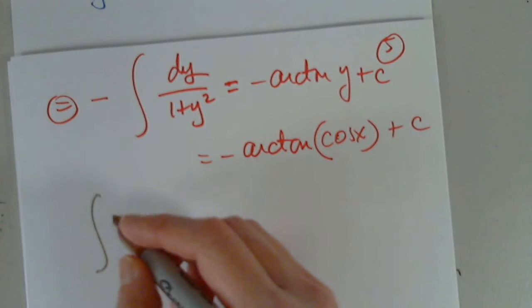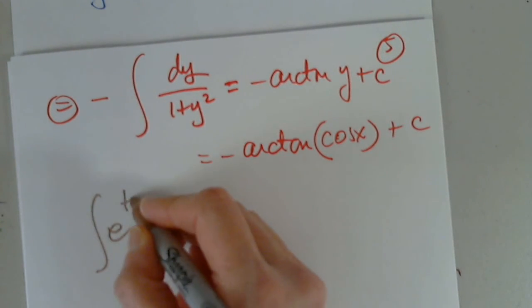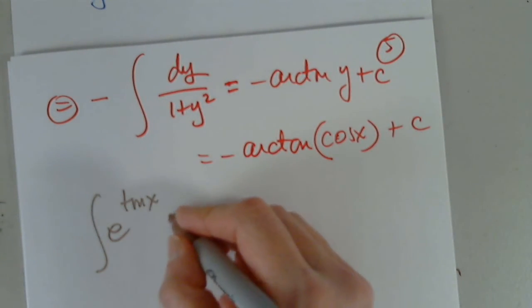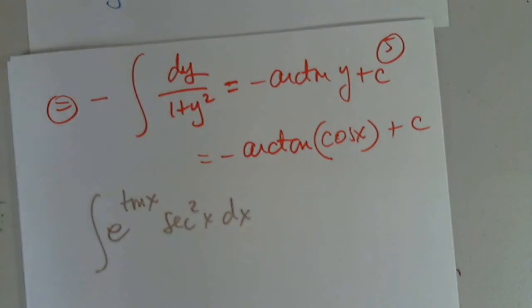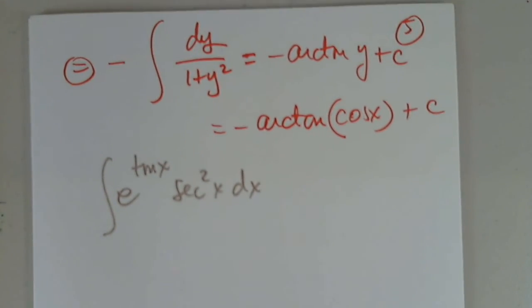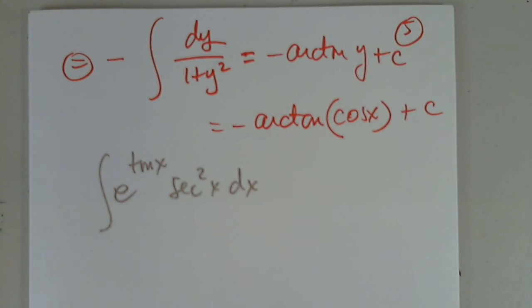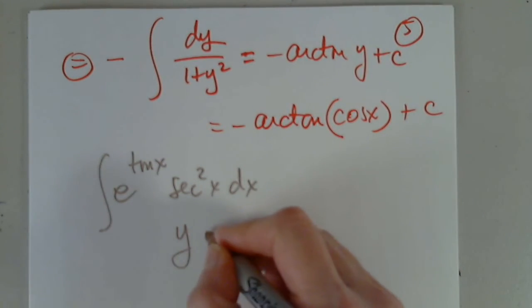What about this? Integral of e to the tangent x secant squared x dx. What do you think about this one? Any idea about a substitution? Derivative of tangent is secant squared. So yes, absolutely.